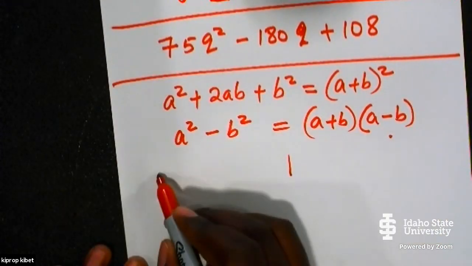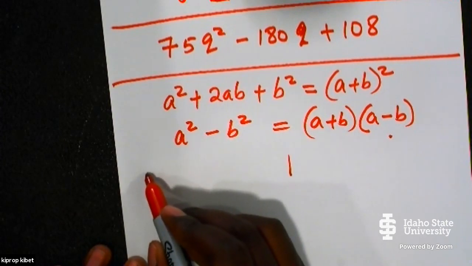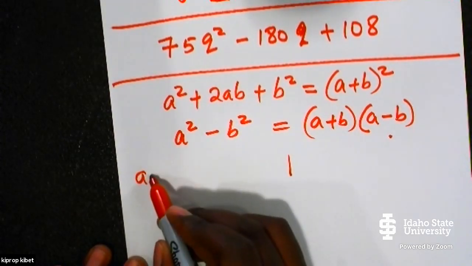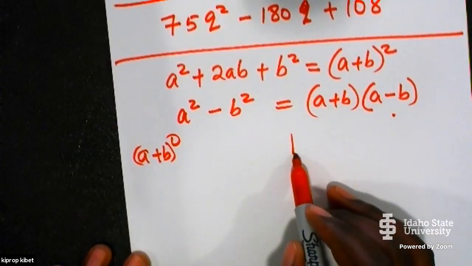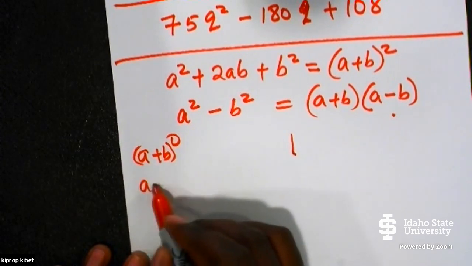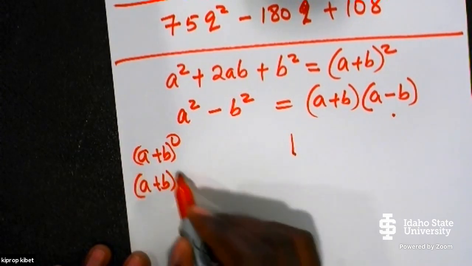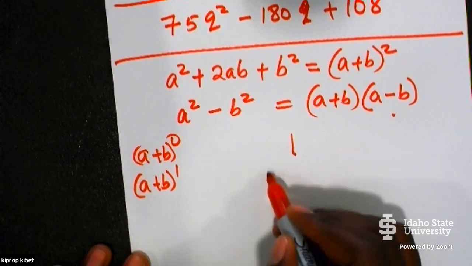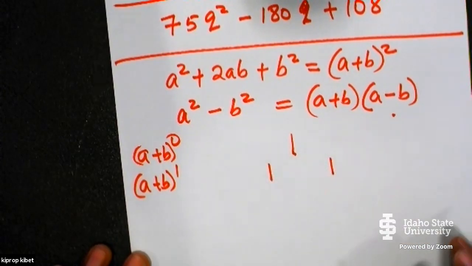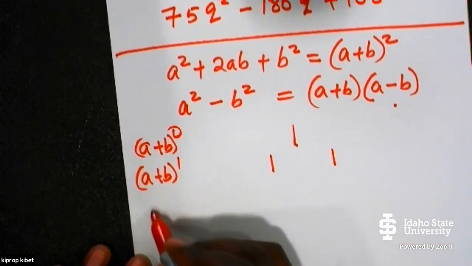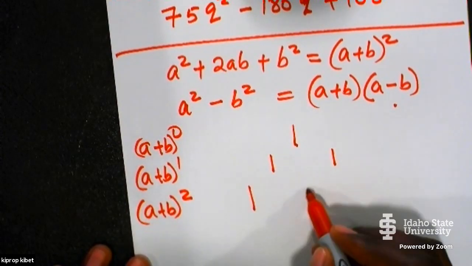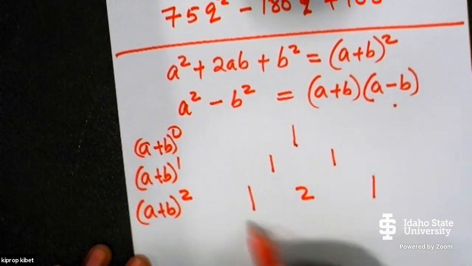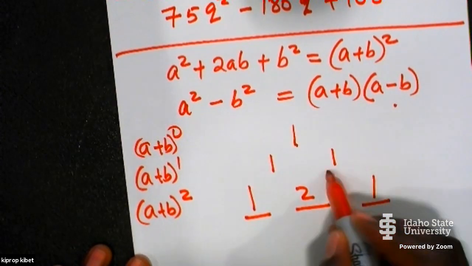If you have a plus b and you put 0 there, then the coefficient is 1. If you put 1 there, then we have 1 and 1. If you put a square there, then we have 1, 2, and 1. So these are the coefficients.